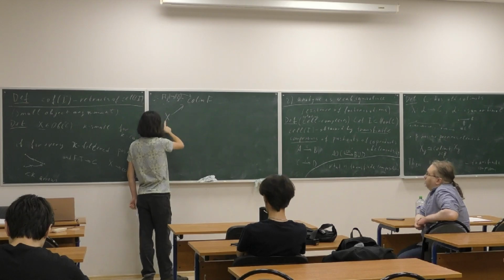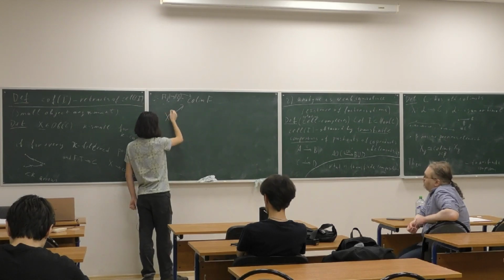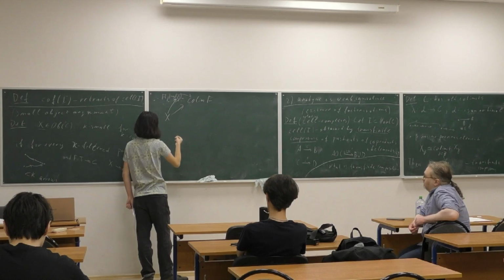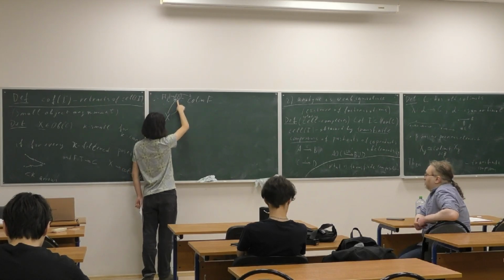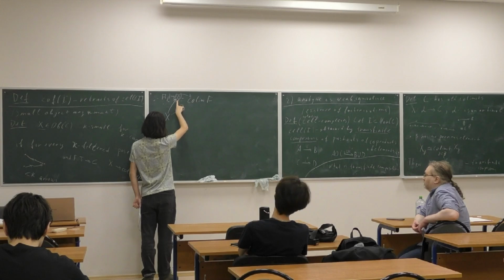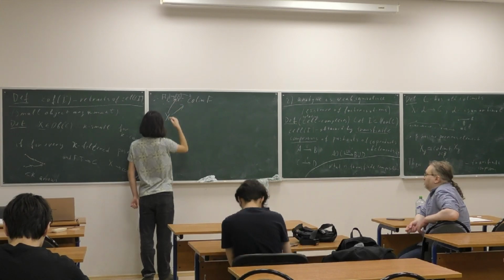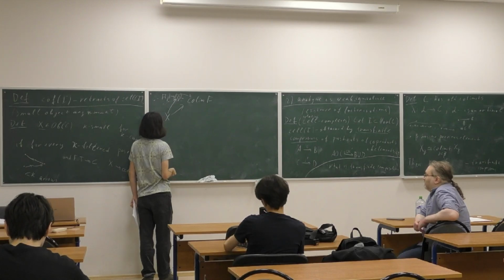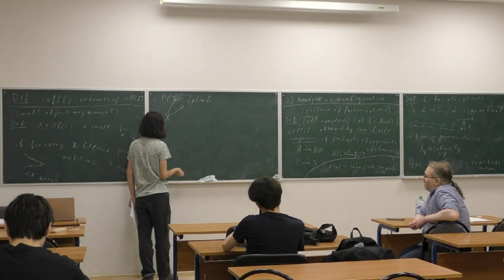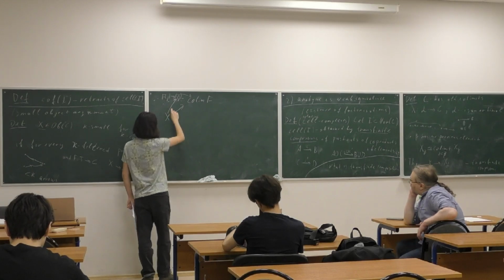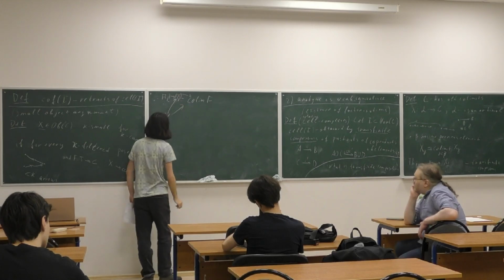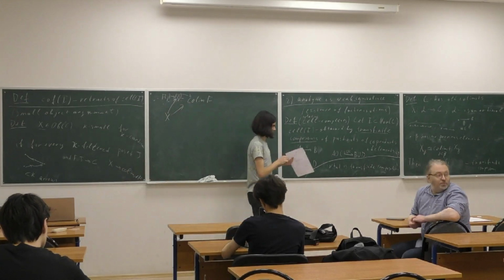So the object is called kappa small if this map has a lift. So there exists a map to some element of this diagram that gives us a commutative triangle.